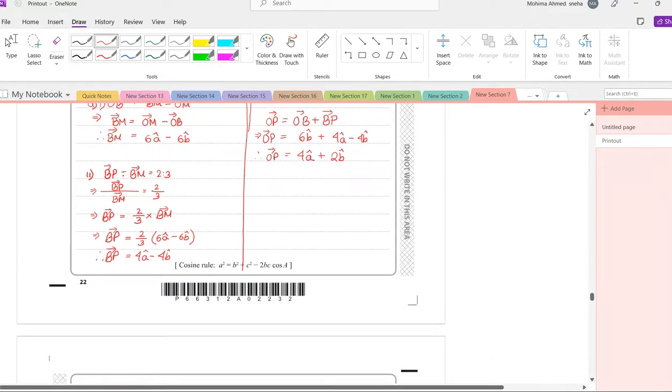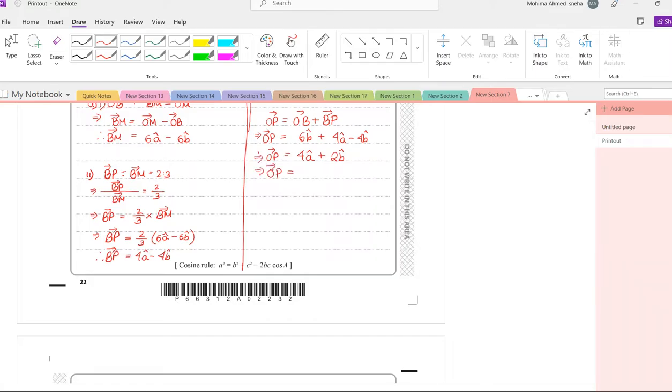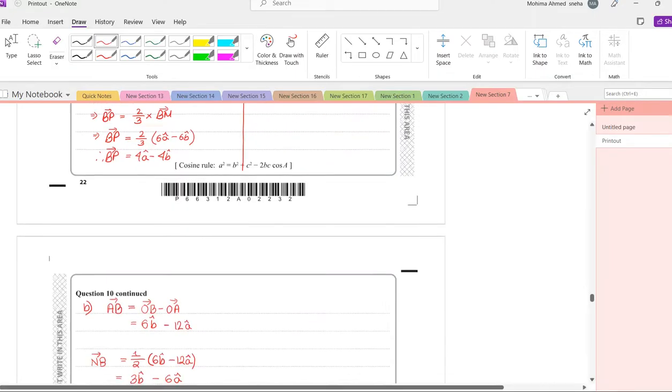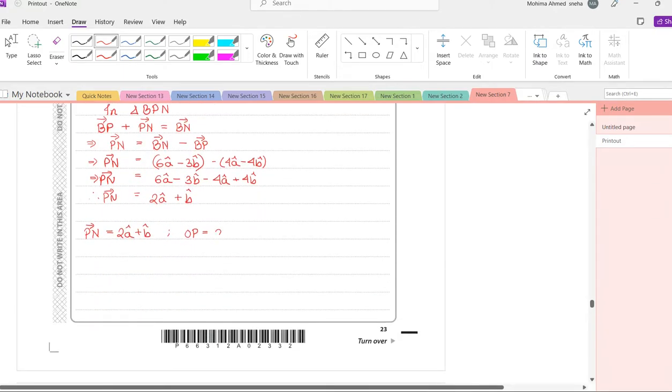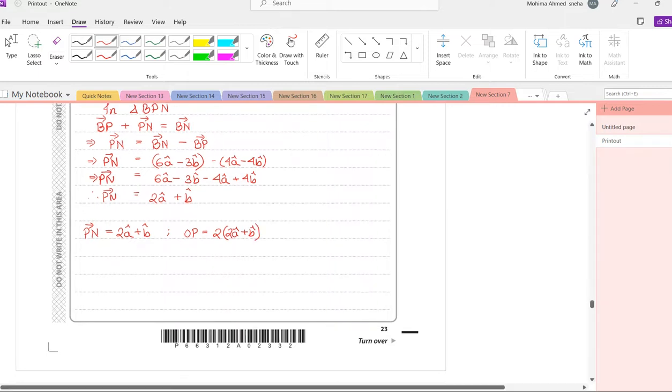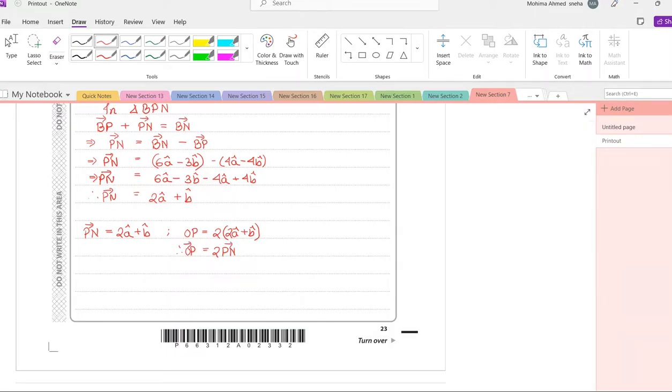OP was 4A plus 2B. Now again we have to take something in common, so we are going to make OP as 2 times 2A plus B. Now 2A plus B was PN, so we can write OP is 2PN. Another value, ON, was 3 times 2A plus B. Now 2A plus B is again PN, so we can write ON as 3PN.